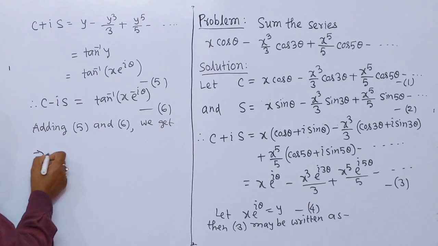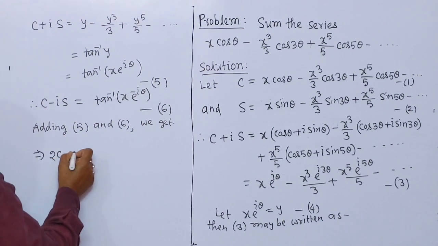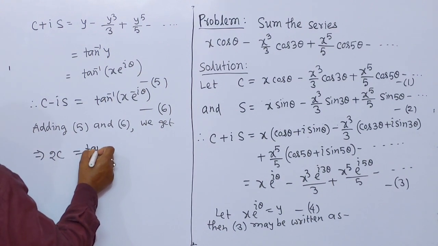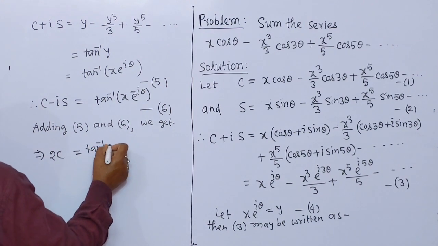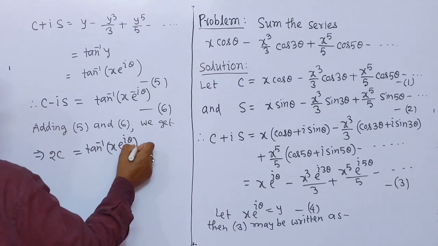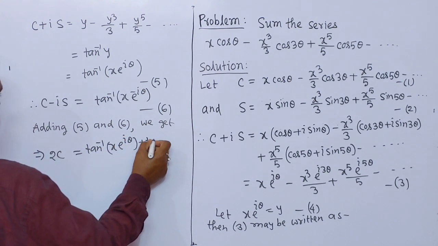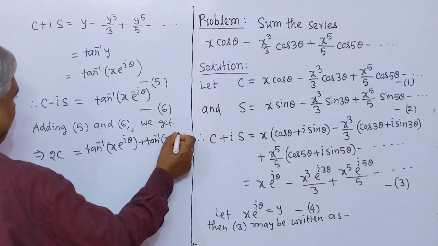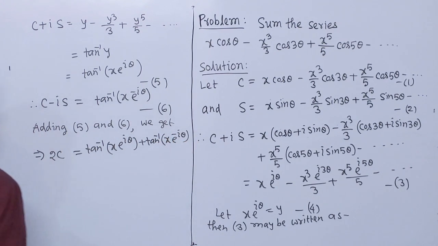That means 2C equal to tan inverse x e to the power i theta plus tan inverse x e to the power minus i theta.